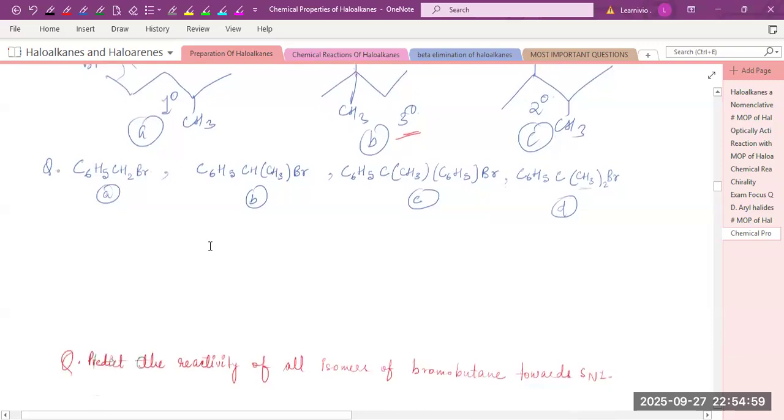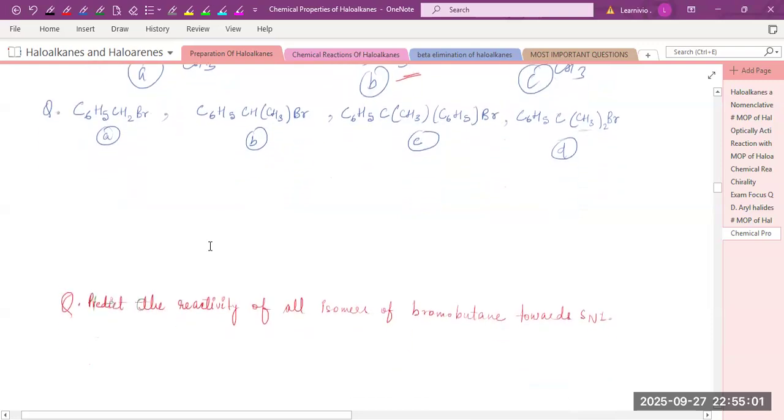Now, see this question. You have to keep this in your mind. You can see this C6H5 is your phenyl ring, right? So how will you draw the structure? Let's check it out. Suppose this is your C and Br, CH2Br.